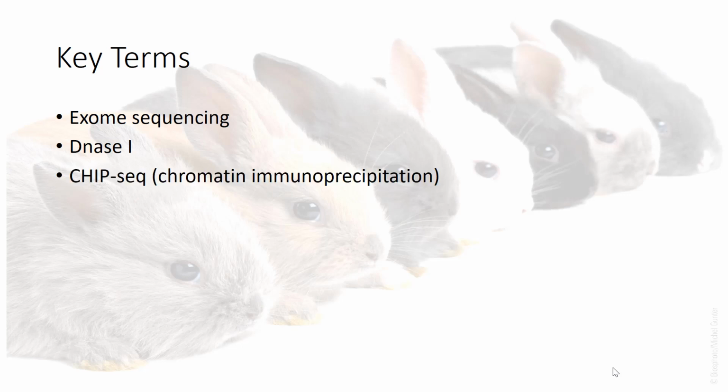ChIP sequencing. ChIP stands for chromatin immunoprecipitation, and then that is followed by sequencing. Here we sequence just regions of the genome where we find a specific protein. So what we'll do is we'll design an antibody against some protein.